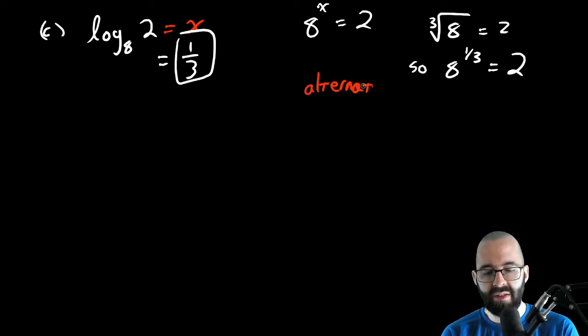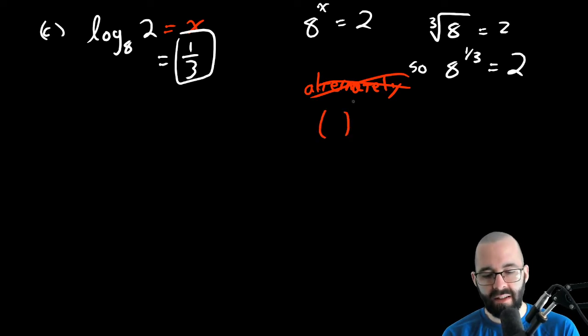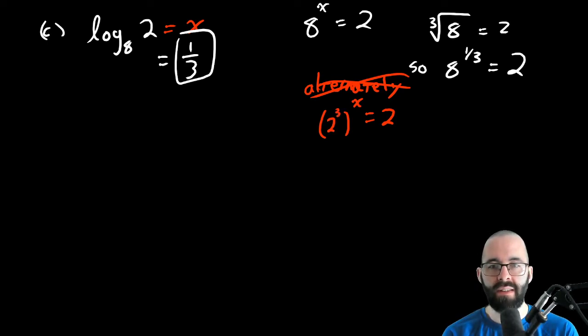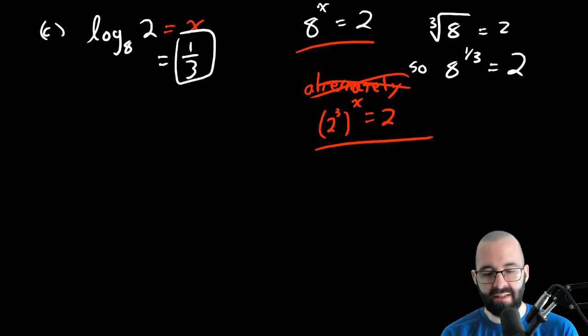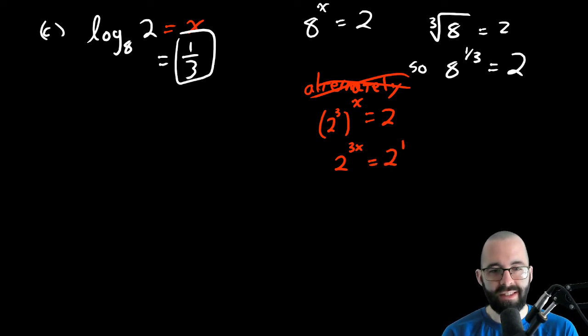So there's kind of two ways of approaching this. Alternatively, you could write 8. 8 is the same thing as 2 cubed. How do you simplify that left-hand side? Right, this and this are the same. How do you simplify this? Well, an exponent raised to another exponent becomes 2 to the 3x equals 2 to the first.